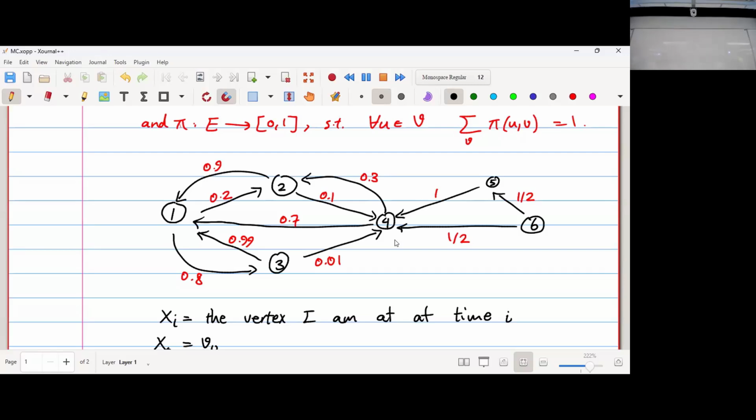I can go from 1 to 3 and then to 4. I can go from 1 to 2 and then to 4. Do I have any other ways? Yeah, so I can go 1, 3, back to 1, then 2, then 4. I can go 1, 3, back to 1, again 1, 3, and so on, and then to 4, and so on. So I have to sum up all of these.